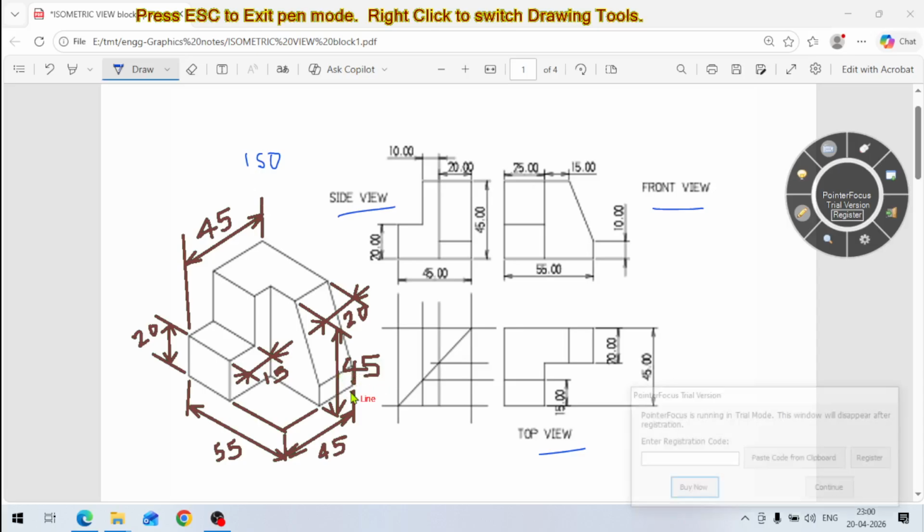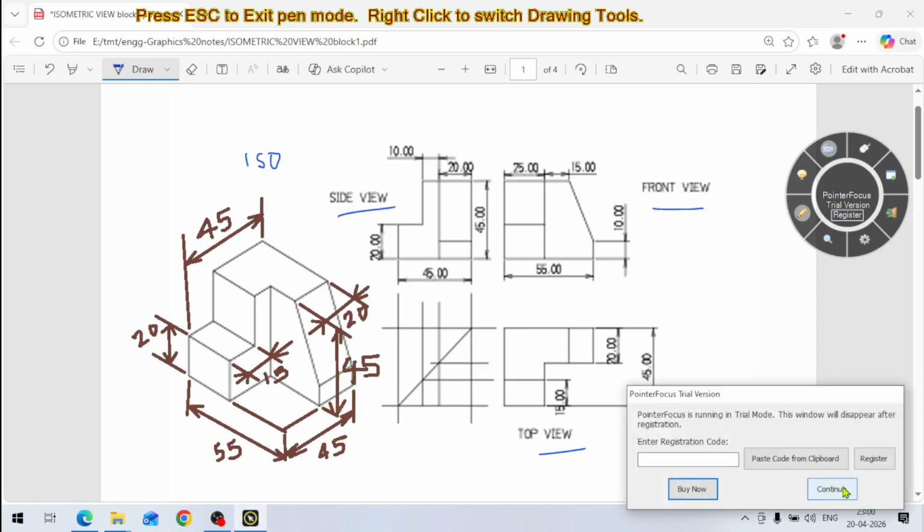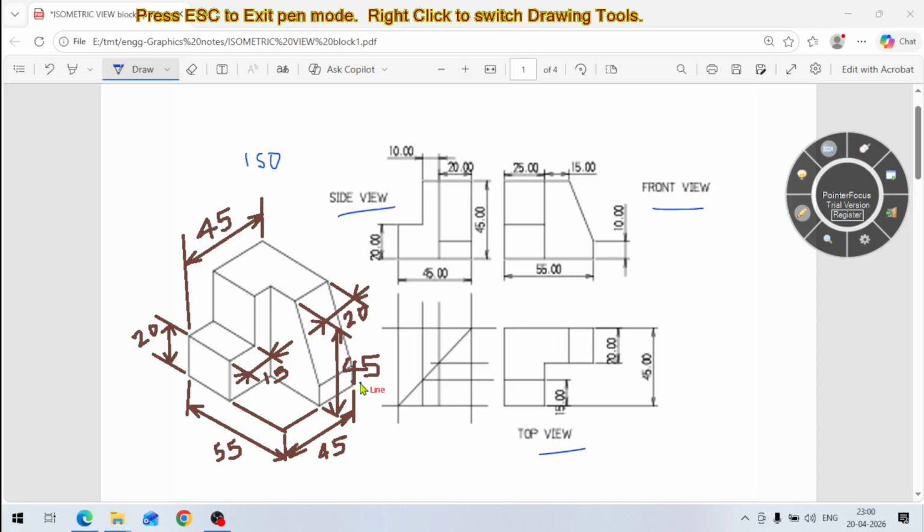You just draw a line parallel to this, I can draw a line parallel to this here like this, and parallel to this here, and then one vertical line like this. Then these are the arrows here, and this distance, how much is it?